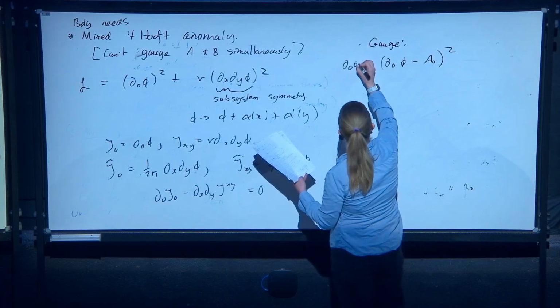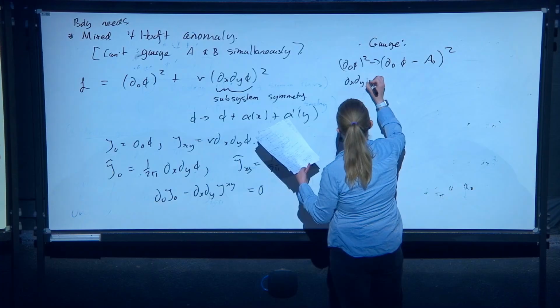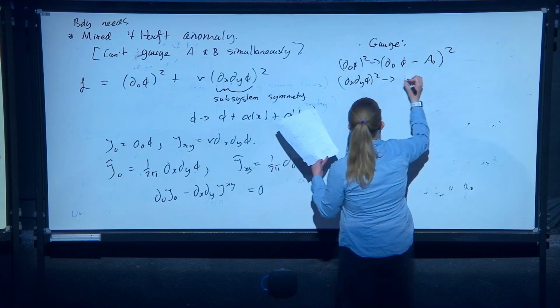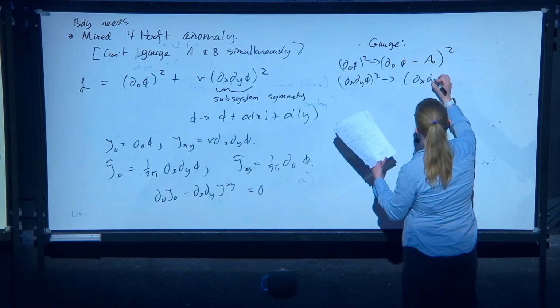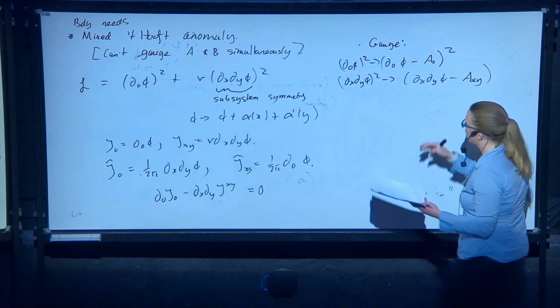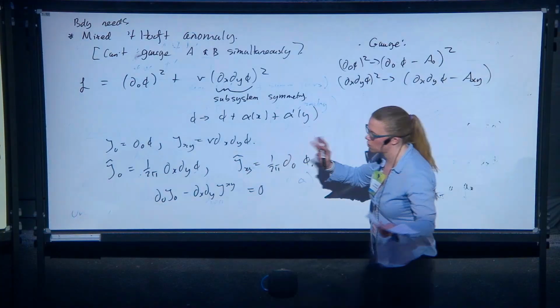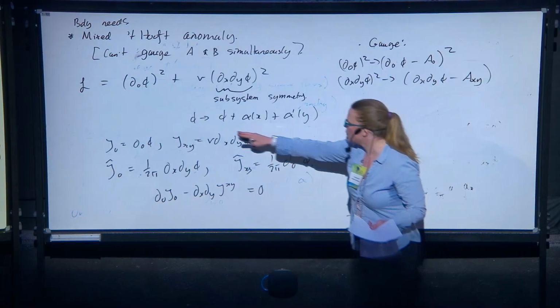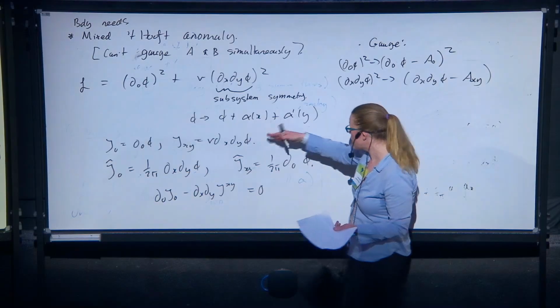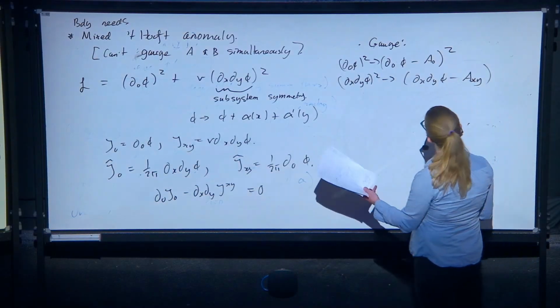So (d0 phi)^2 goes to this, and (dx dy phi)^2 now goes to (dx dy phi minus A_xy)^2, because these fields transform, in terms of your ordinary bosonic fields, like the phase of your field. And so this is the analog of the canonical momentum.